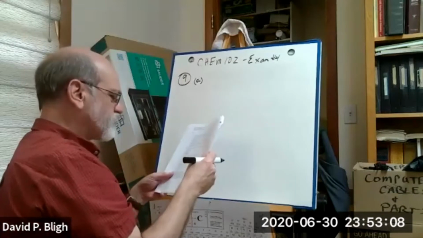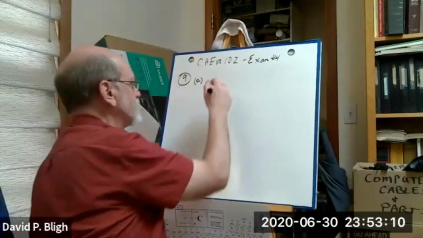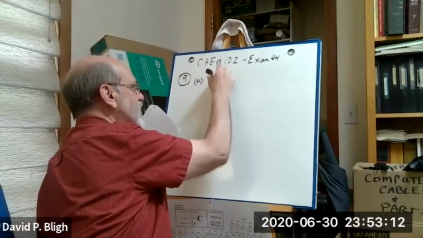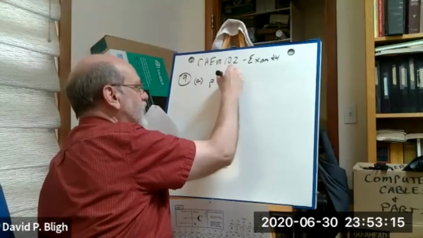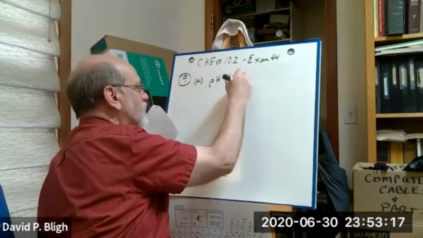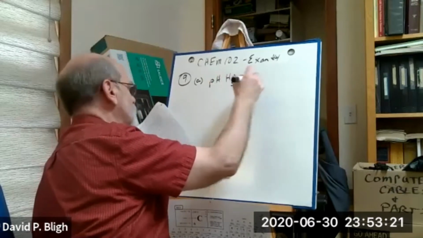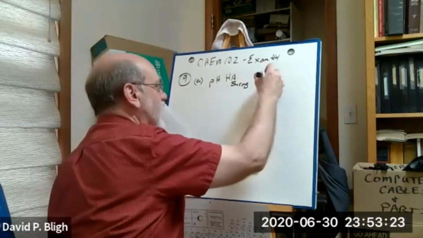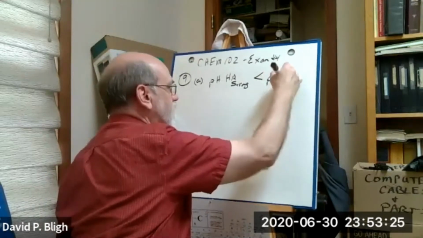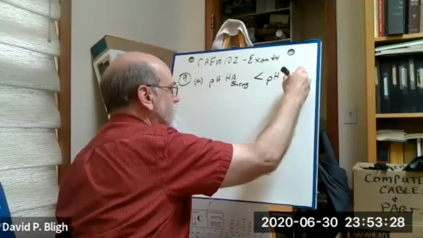The pH of a strong acid is always lower than the pH of a weak acid. pH of HA strong is always lower than the pH of HA weak.